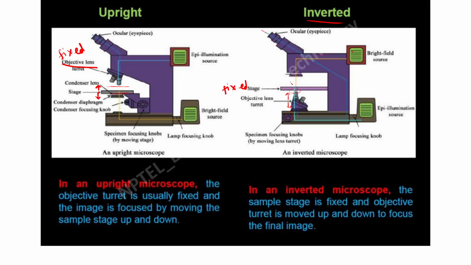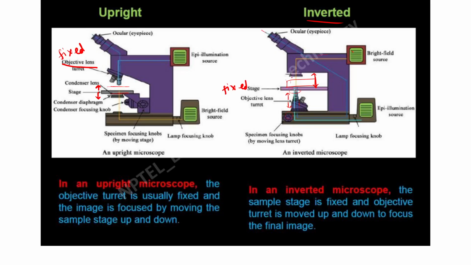Okay, so here the stage is fixed, and we have a lot of distance in this area, right? We are not moving the stage up and down, so there's no space constriction. That's how we can keep bigger plates, like petri dishes or big culture plates, or let's say 6 well plates or 96 well plates.